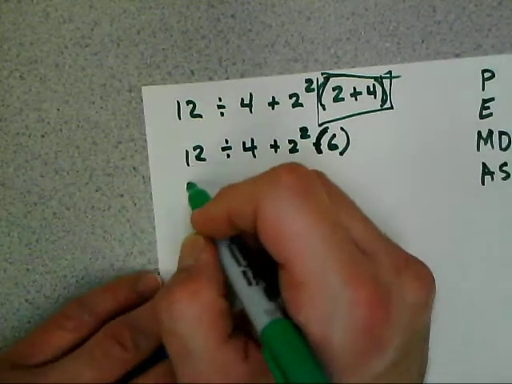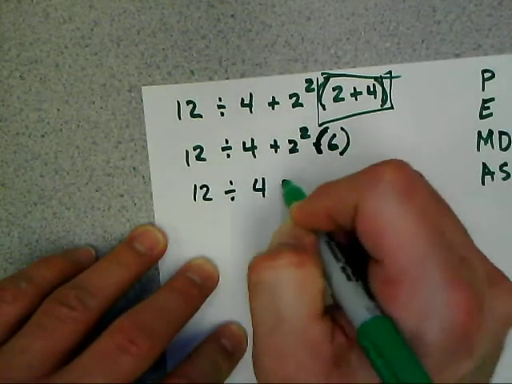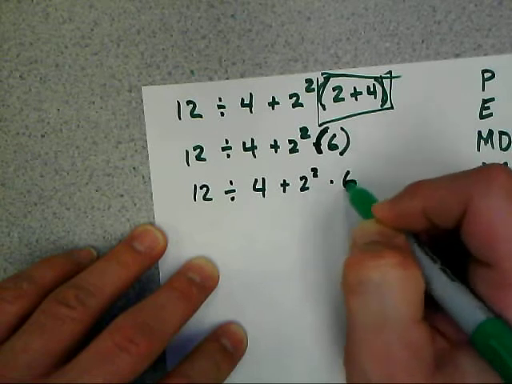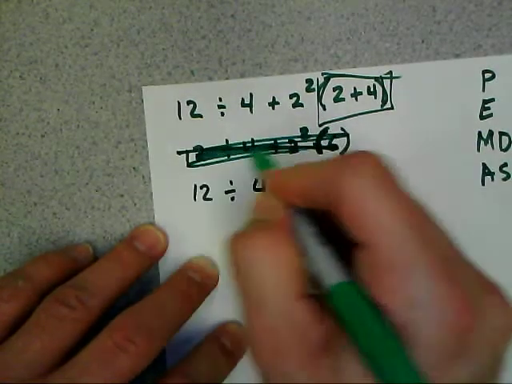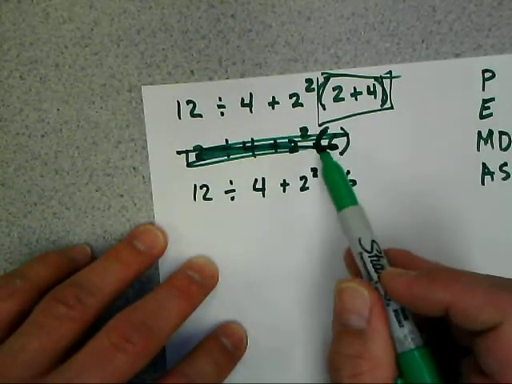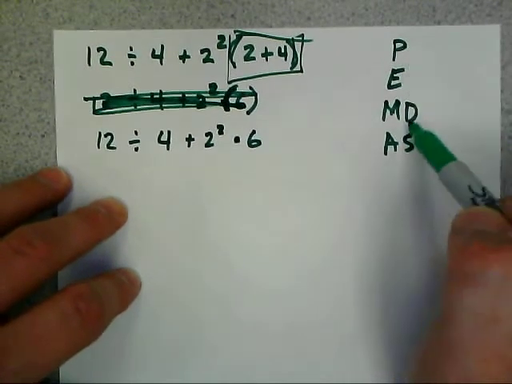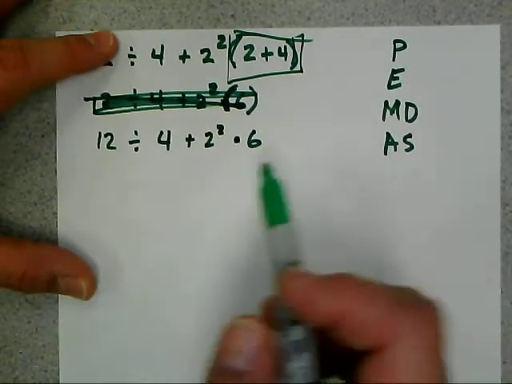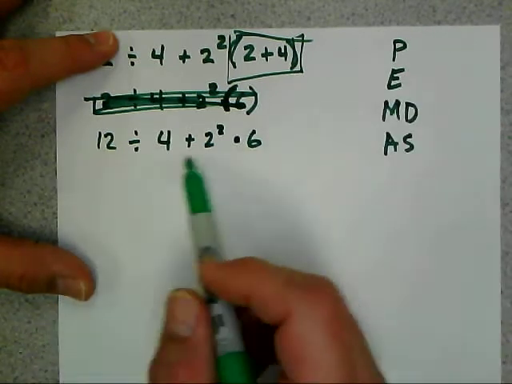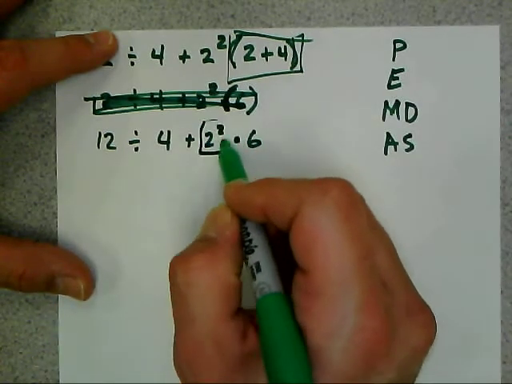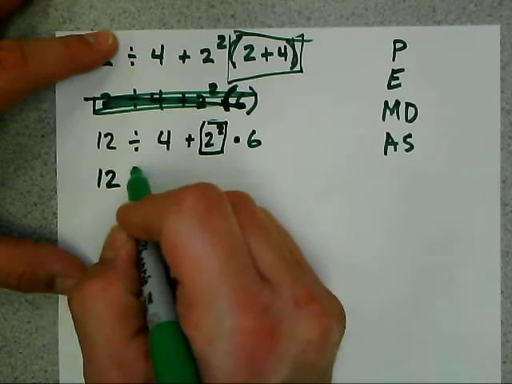I think I taught you to do it the other way so you don't mistake it for parentheses with this parenthesis over here, okay? Sorry, I kind of went off paper there. So what do we do? We're going to look at exponents. We're going to find the exponent. That's this one right here. So we're going to write everything down.